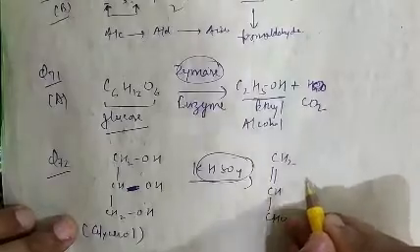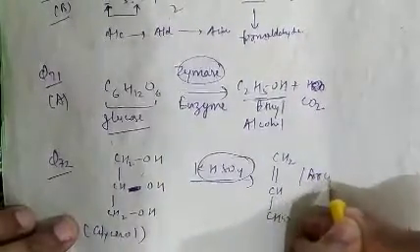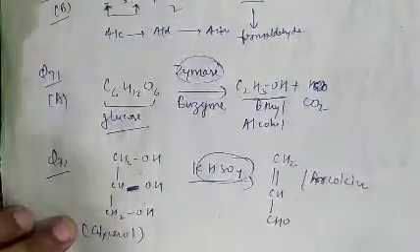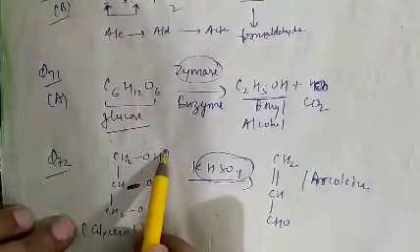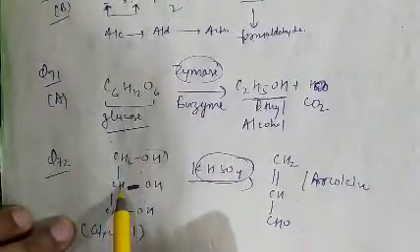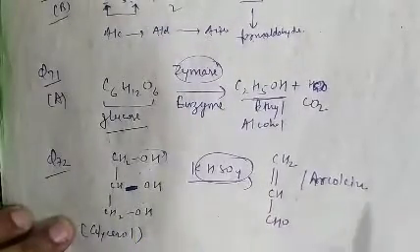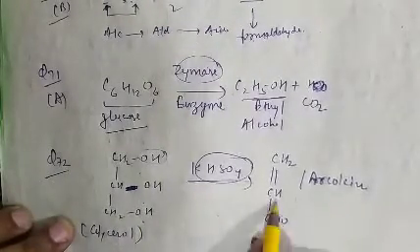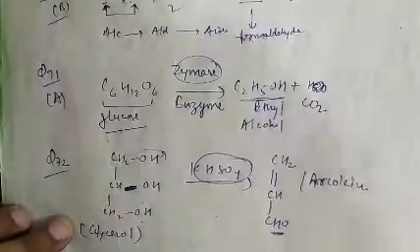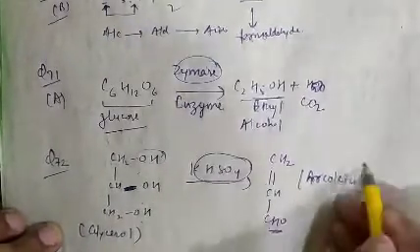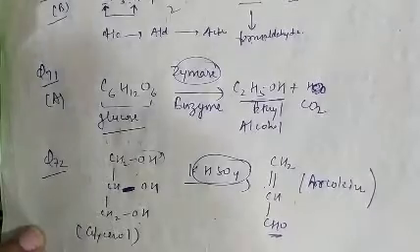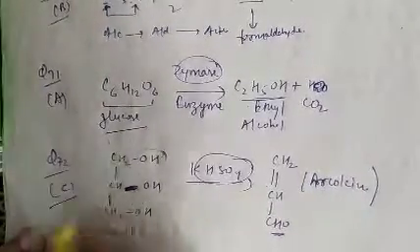This compound is called acrolein. So acrolein compound is formed after removal. First OH will be removed and H is removed, then double bond is formed in between them, and then again oxidation takes place. So alcohol gets oxidized to aldehyde. So acrolein is formed. Question number 72, option C is correct.